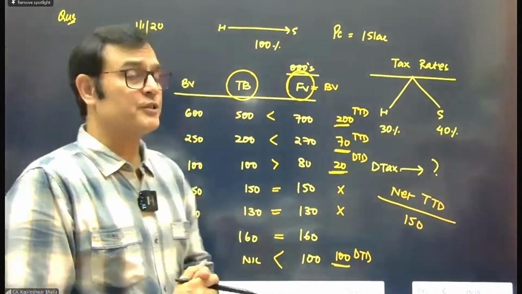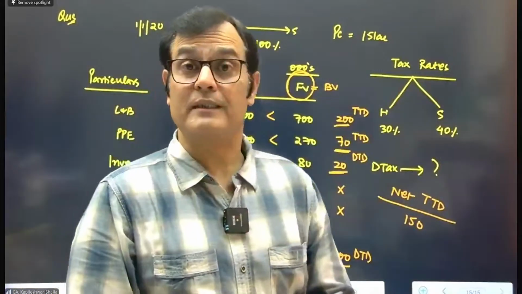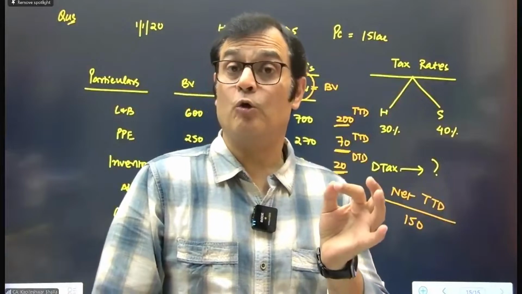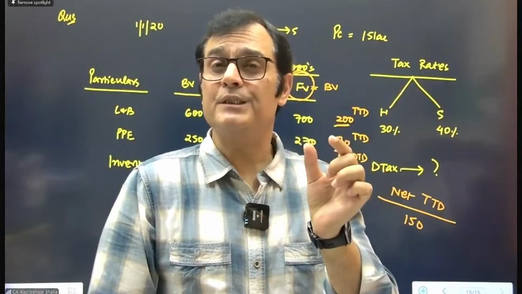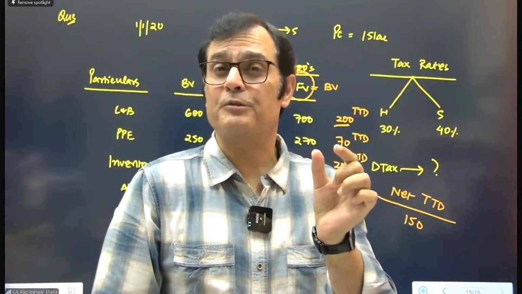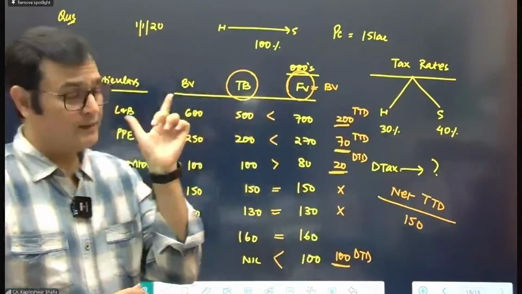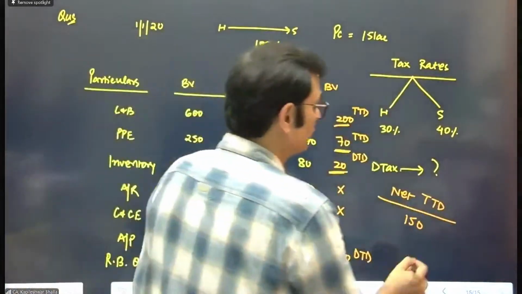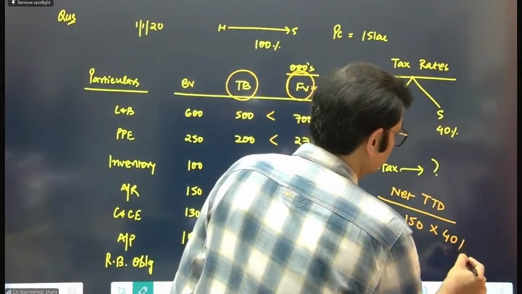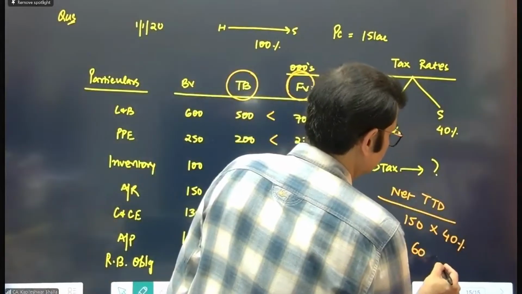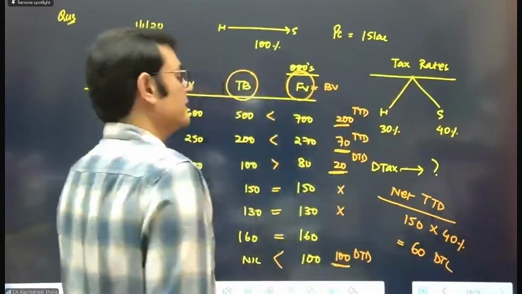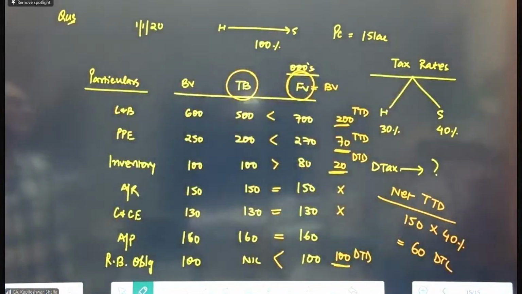Now, the question is, what tax rate are you going to apply? Are you going to consider the tax rate for the parent company or for the subsidiary company? These are the assets and liabilities of the subsidiary. Subsidiary company, 40%. Correct. So 40% tax rate to be taken. When you apply this 40%, you are going to get 60, that is a DTL. The difference will lead to a deferred tax liability in this particular case.